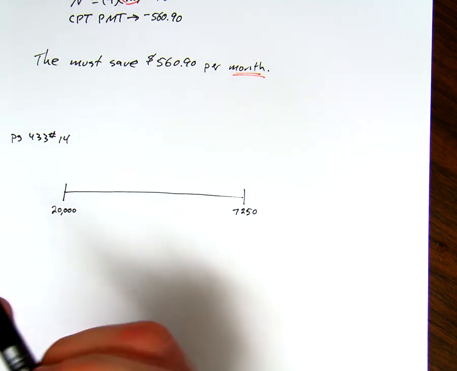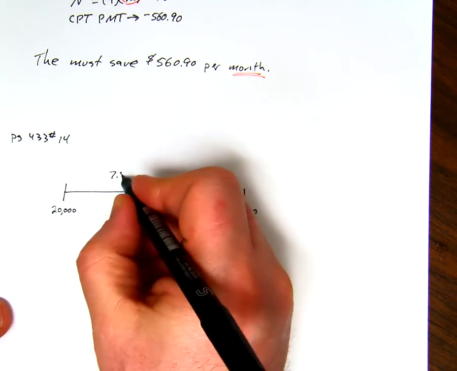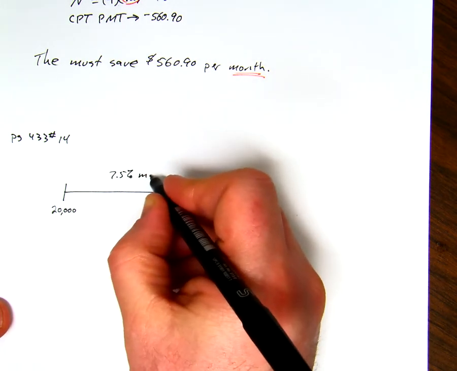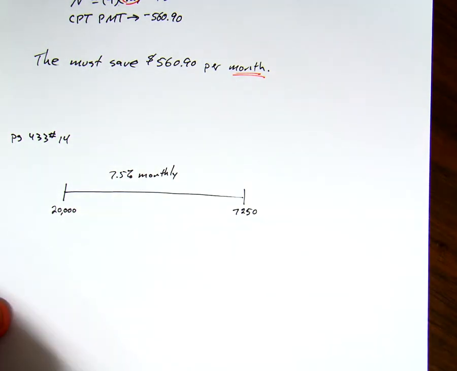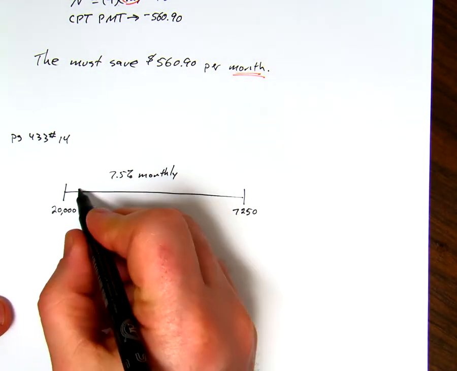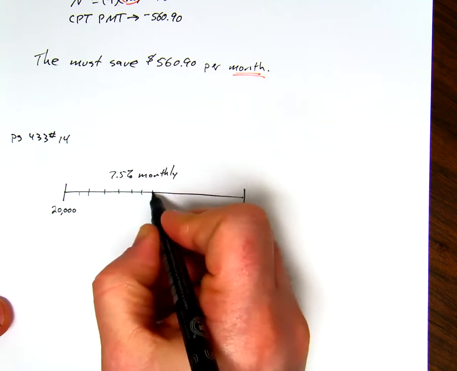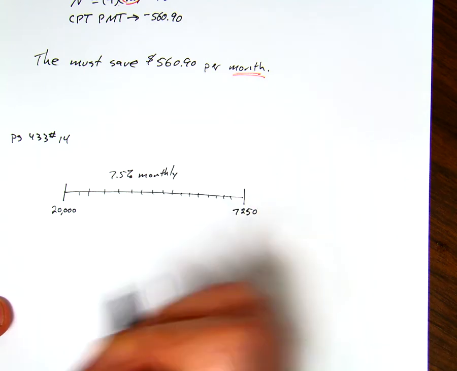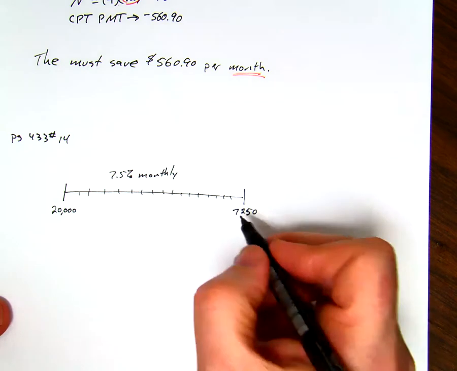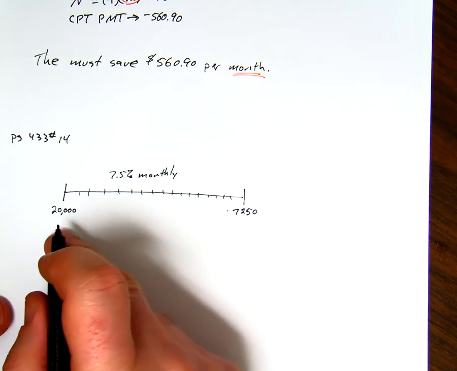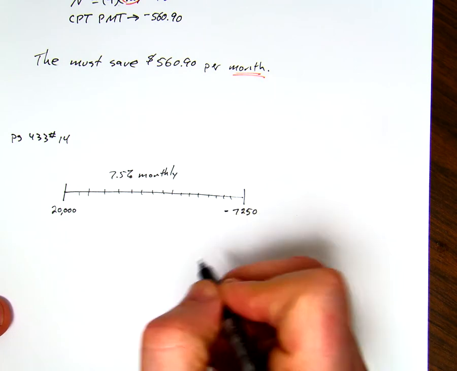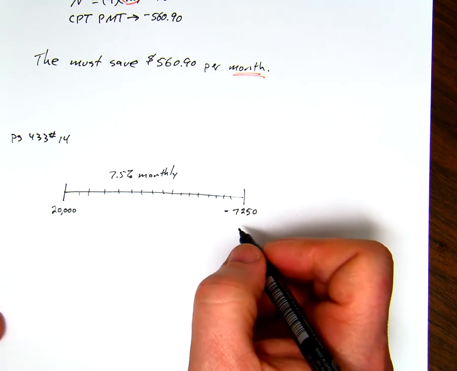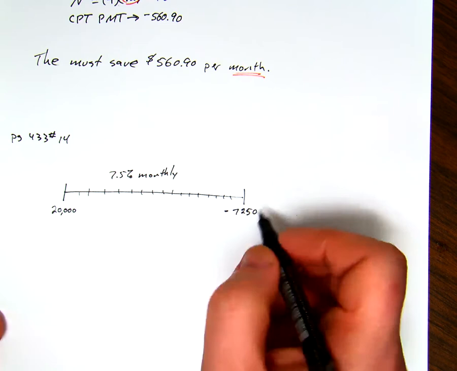We're going to make this at 7.5% compounded monthly, and we want to know what the monthly payments are going to be. We get the benefit of $20,000, and we'd have to pay back the car at the end worth $72.50, so it's going to be a negative value.